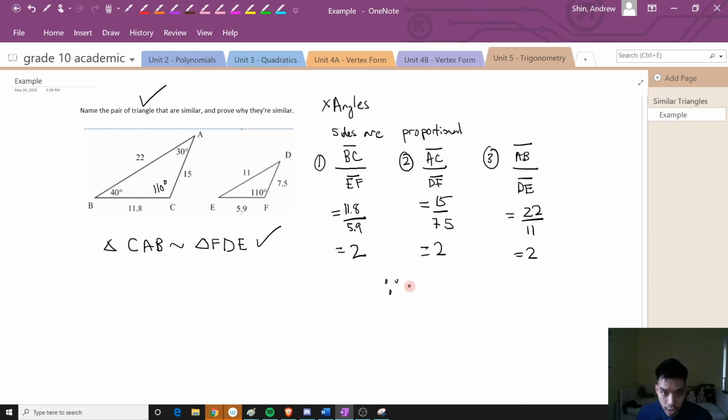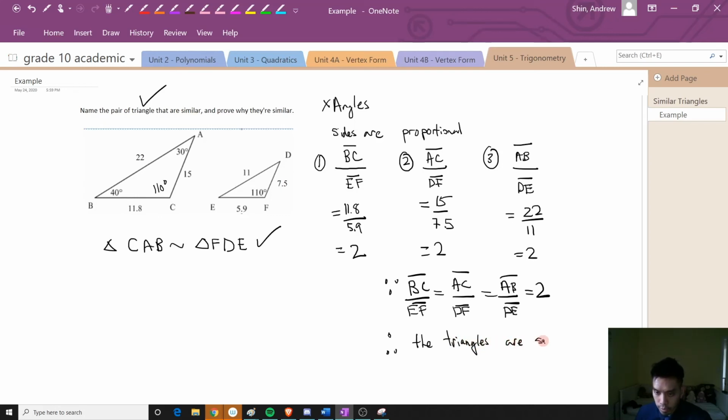So we can state that, this is the general formula, since BC over EF is equal to AC over DF, which equals AB over DE, so that means all 3 equal each other, which equal 2. So that means, since all sides are proportional, therefore, the triangles are similar.